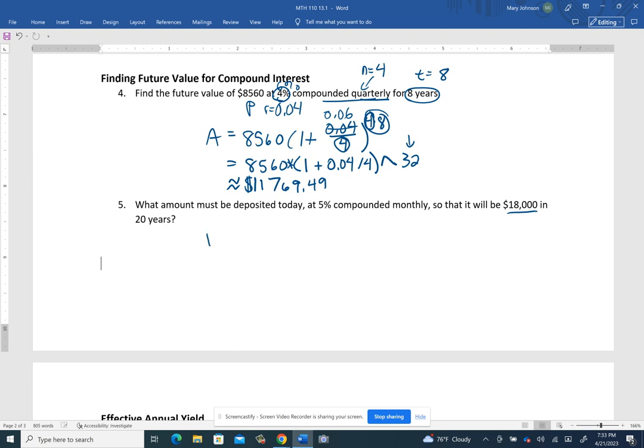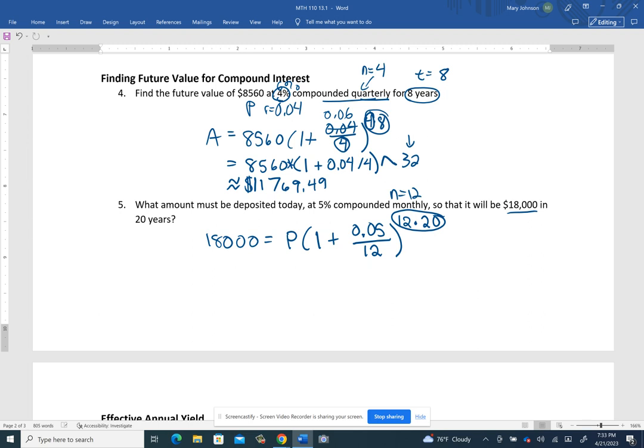So the 18,000 goes in the future value place. We don't know P. We're going to figure that out. We do 1 plus the interest rate as a decimal, 0.05, compounded monthly, so N would be 12. So we divide by 12 there, and then we raise this to the 12 times 20 power. This needs to be worked out before you enter it in your calculator.